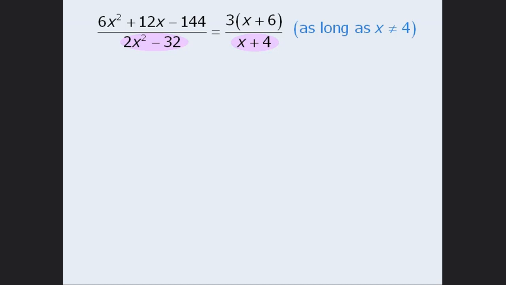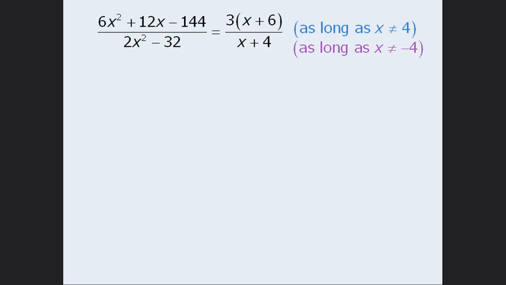Since we cannot say that two undefined values are equal, these two expressions are not equal when x equals negative 4. So we need to add a second proviso that says x cannot equal negative 4. So we can see that these two expressions are equal for all values of x except when x equals 4 and x equals negative 4.